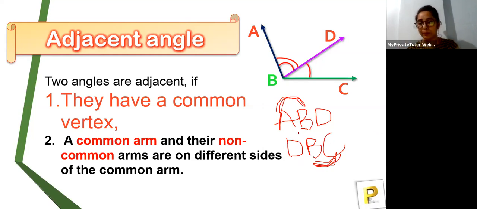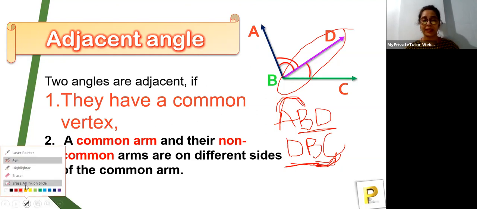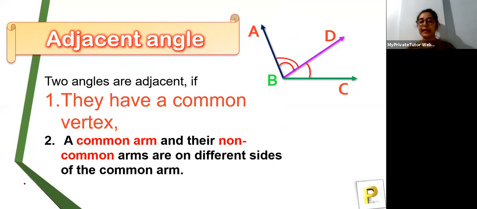Like if you talk about BD and DB, it is present in both of them. So there should be a common arm and non-common arms which should be on different sides of the common arm. So this is the common arm, right? BC is on the right of the common arm, and AB is on the left of the common arm. So both of these angles are considered adjacent angles. Angle ABD and angle DBC are called adjacent angles.